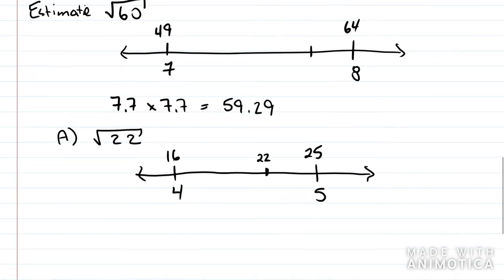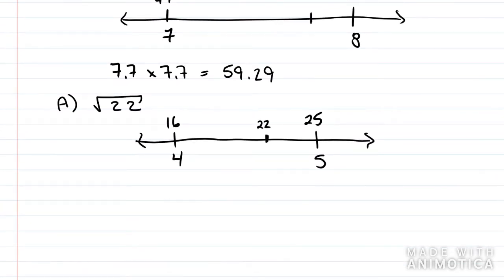So I'm going to estimate, again, it's bigger than 4.5. I'm going to approximate about 4.6, which I might be off on this one. So let's see and figure out if it's supposed to be 4.6 or 4.7.